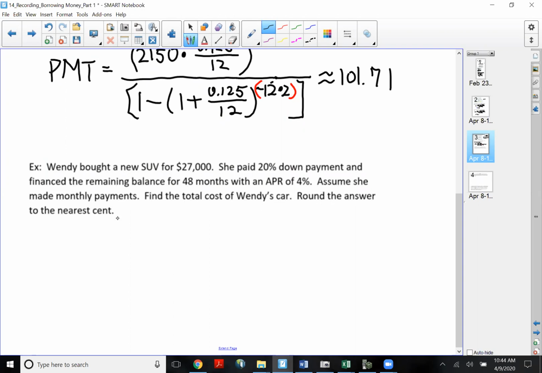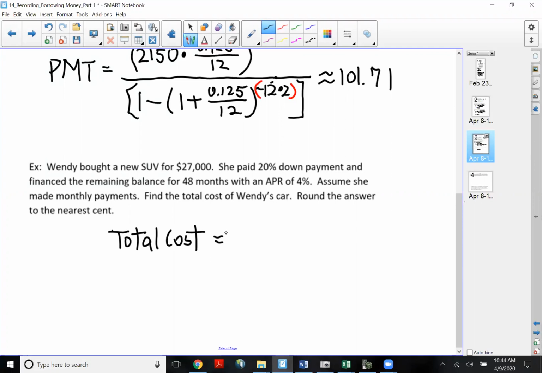So let's take a look. What should be her total cost? She's going to end up paying more than $27,000 probably. So total cost, the total amount of money she's going to pay. What does this have to do with the monthly payment?